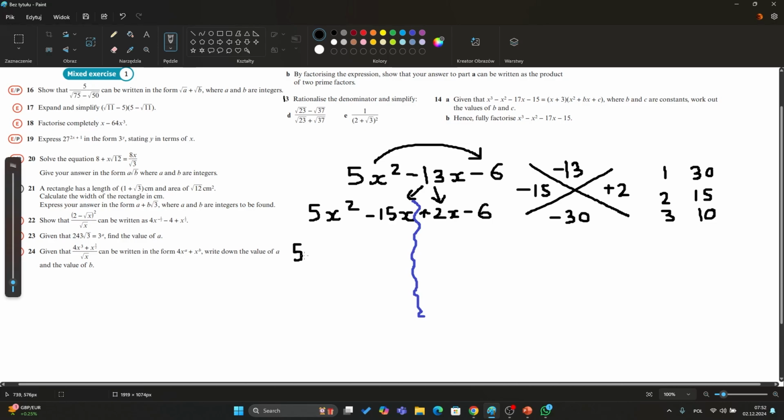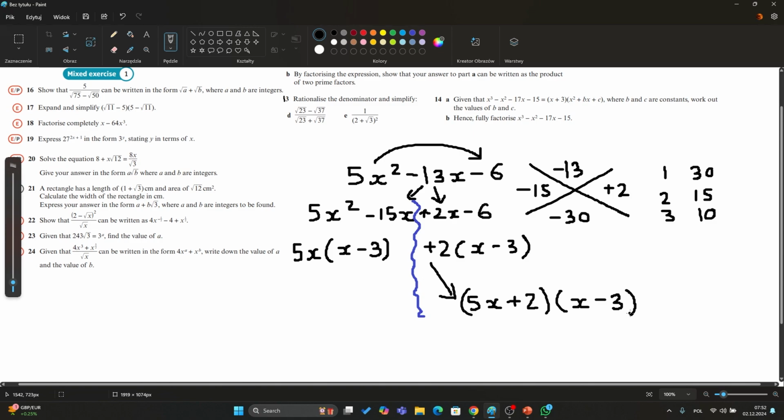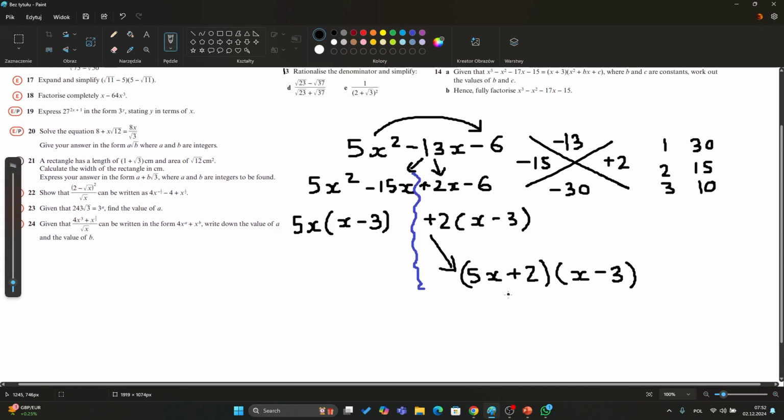So here is the largest 5x, so x minus 3, and here plus 2, so x minus 3, which can be simplified into 5x plus 2 and x minus 3. And we have factorized it.